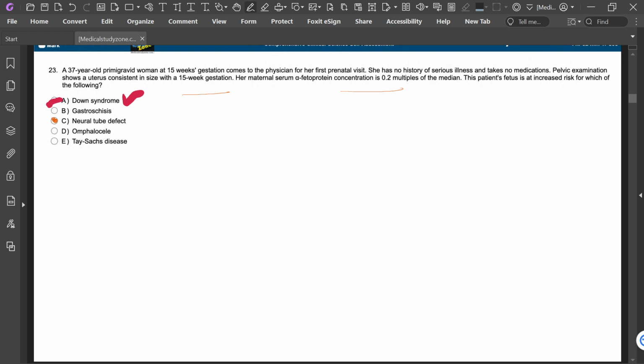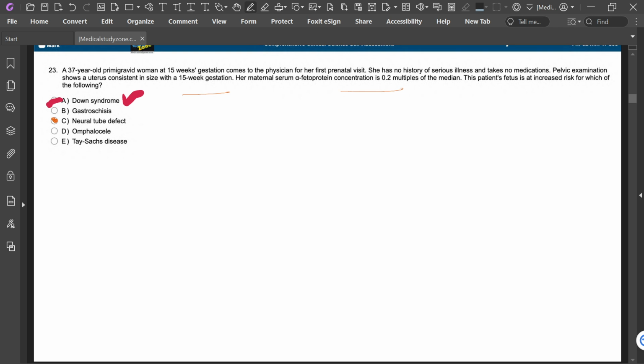So for neural tube defect, is there anything like that? Yes, in neural tube defect the serum alpha fetoprotein will be increased.